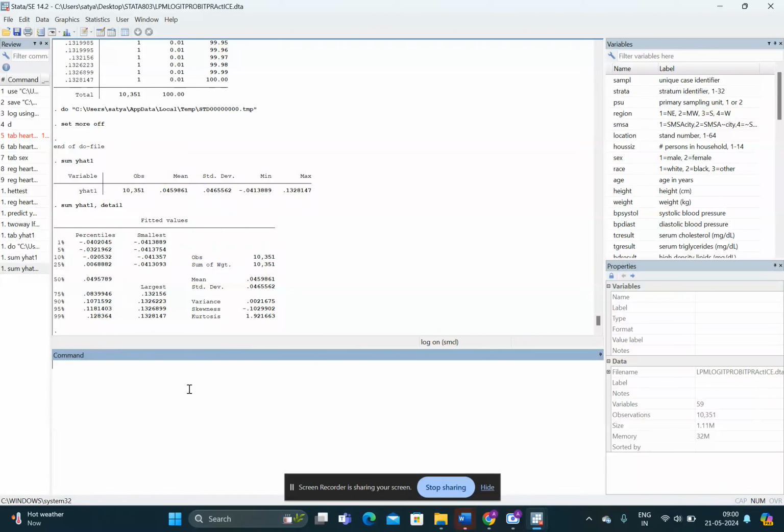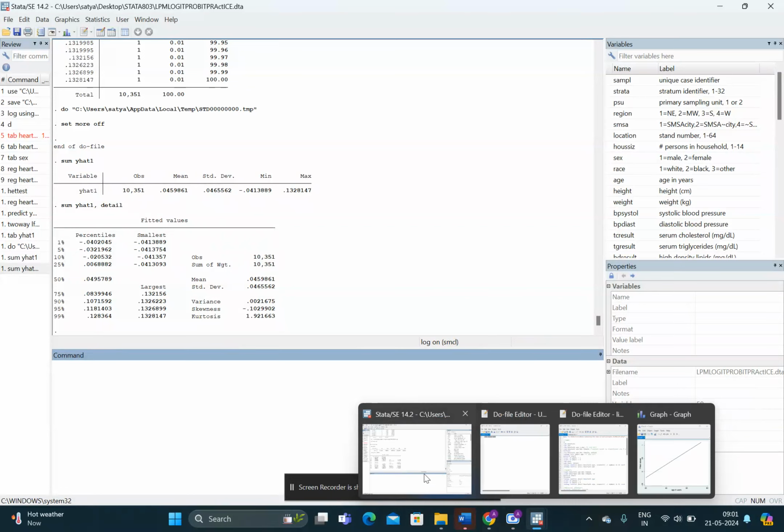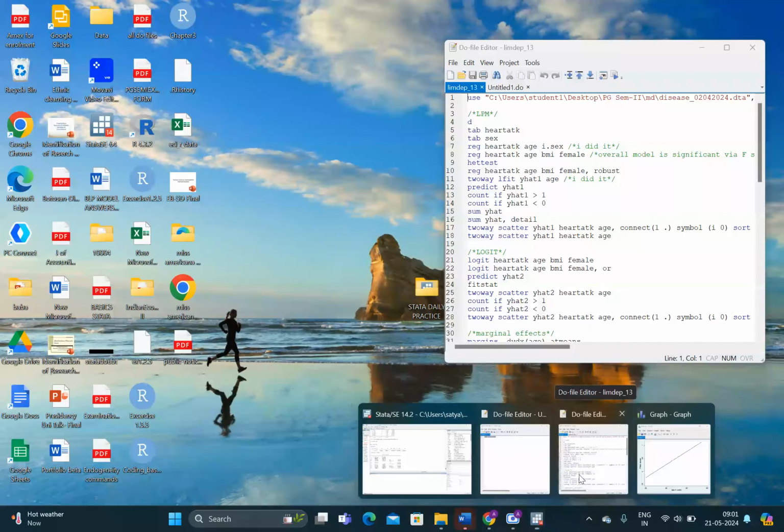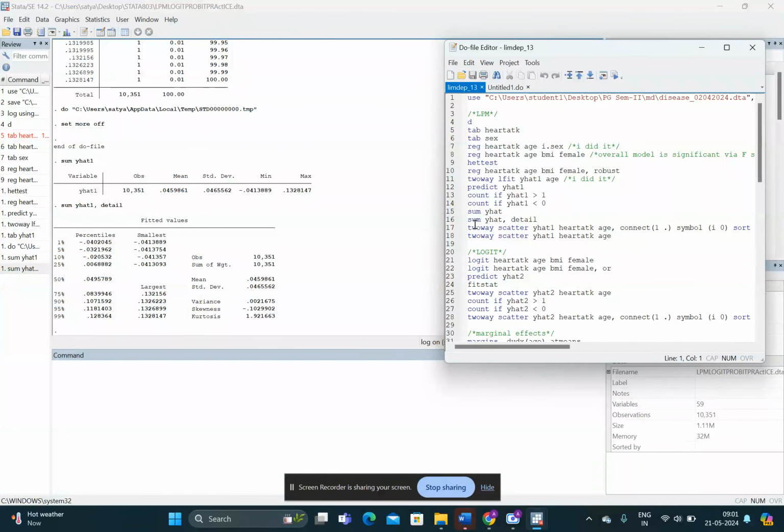Not this one. There was something else. I don't remember. It should have been tab only. I don't know why tab is not working. Okay, because there are many different values. That's why. Okay, fine. We will do count if only. Count if y hat 1 greater than 1, and count if y hat 1 less than 0.